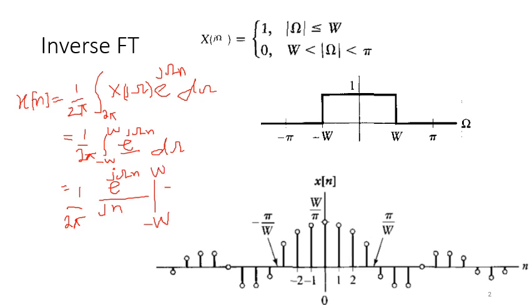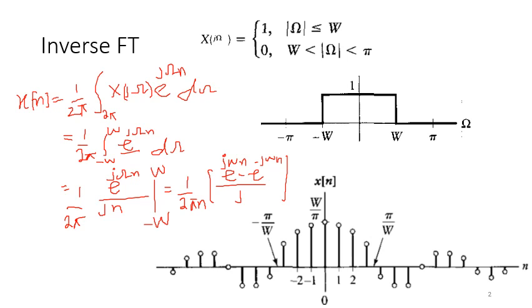By putting in the limits of integration we get 1 over 2 pi, and it is like a sine formula.